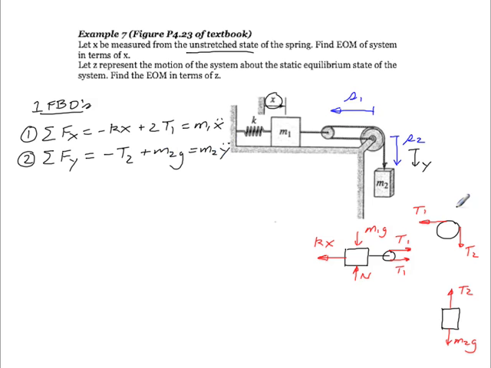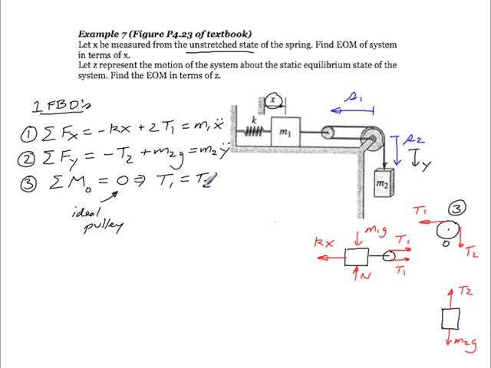And then if I look at the pulley, which I'll call 3, since the pulley has negligible mass, I do a moment about O. It's equal to zero because we can neglect the mass. It's an ideal pulley. And basically this is going to give for us that T1 is equal to T2.